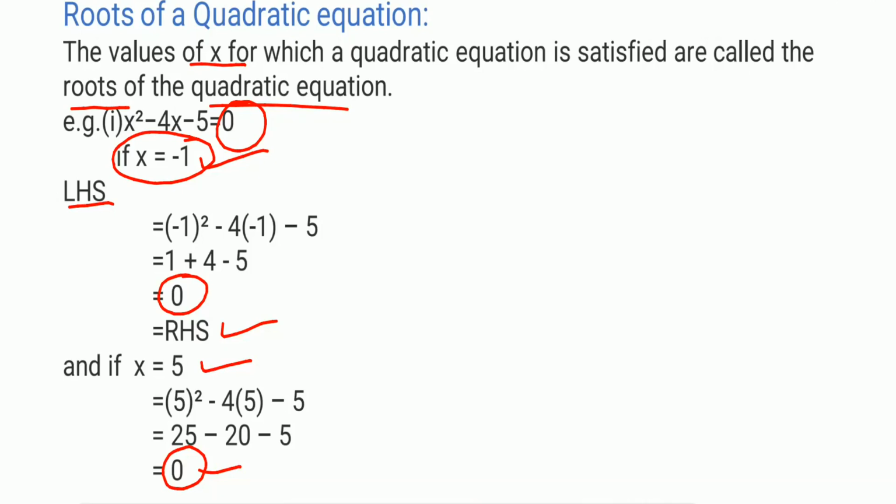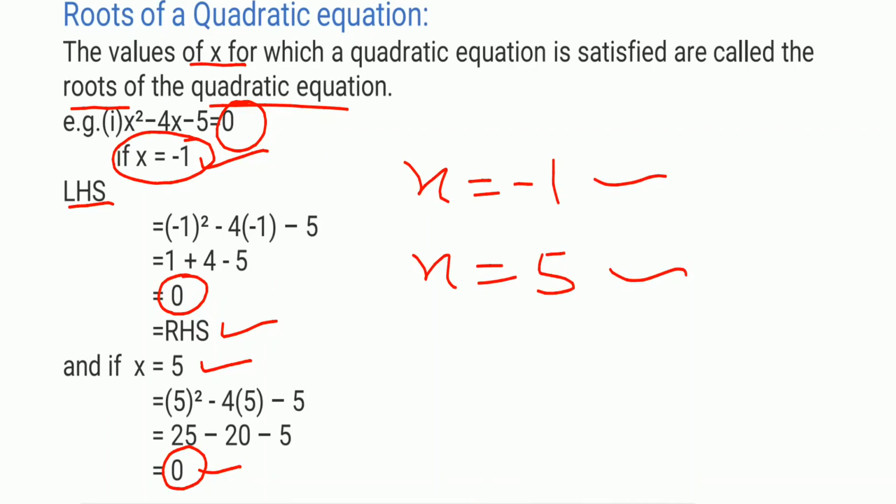If you substitute other than these two values in the equation, both the sides will not be equal, right? That means only for these two values, this quadratic equation is getting satisfied. That means both the sides are coming equal. Therefore, x equal to minus 1 and x equal to 5 are the roots of the quadratic equation.